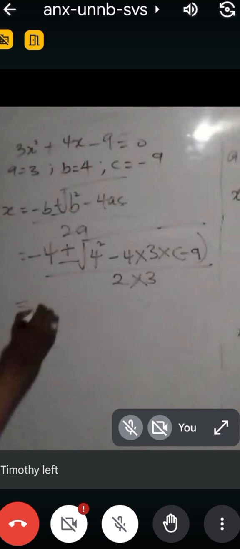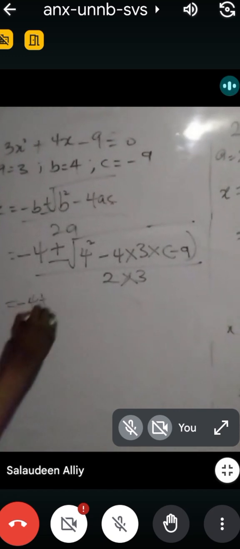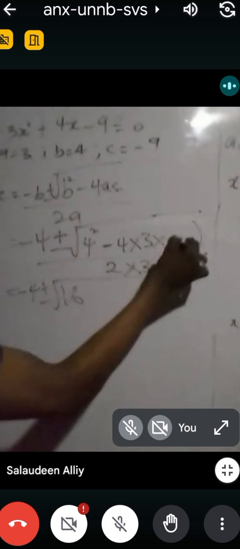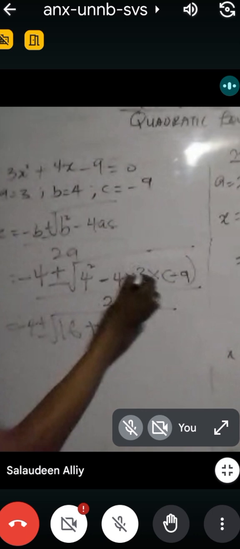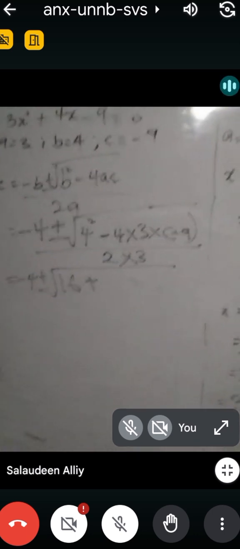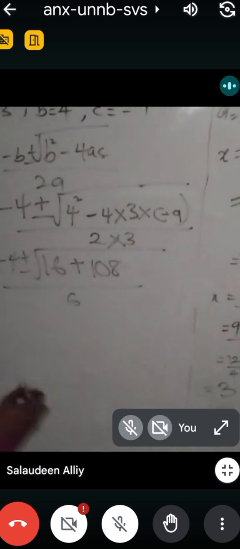Over 2 times a, which is 3. So this is minus 4 plus or minus the square root of 4 squared, which is 16. Minus here and minus here, so plus 4 times 3, 12, and 12 times 9 is 108, all over 2 times 3, 6.